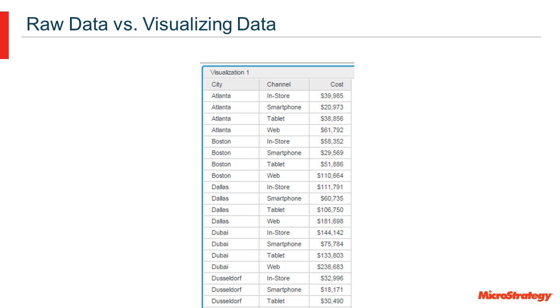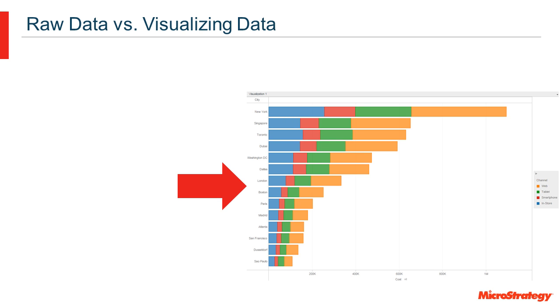If we take a look at the same information graphically, it's quite clear that one city of these list of cities stands out. That's New York at the top on this horizontal stacked bar chart. And we can also see that the web is the highest contributor there.